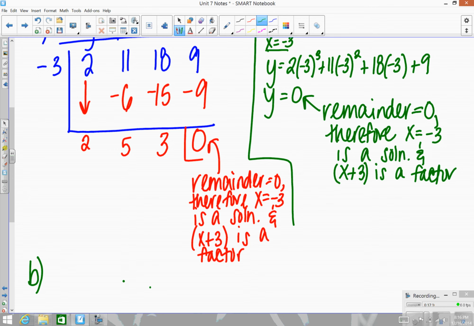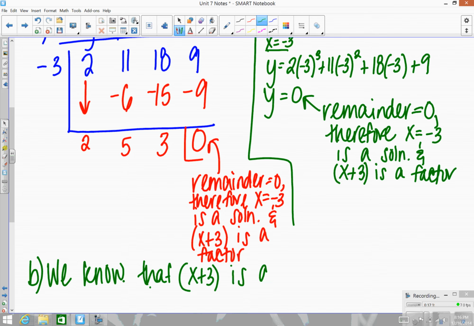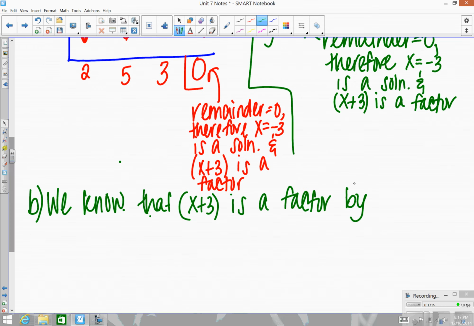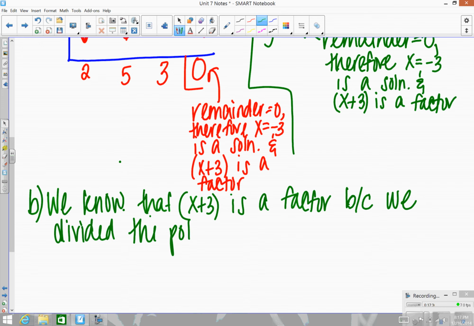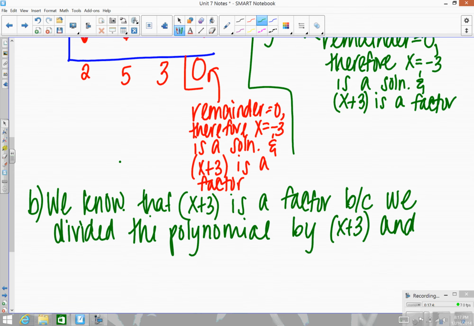I know that x plus 3 is a factor because we divided the polynomial by x plus 3 and got a remainder equal to 0.